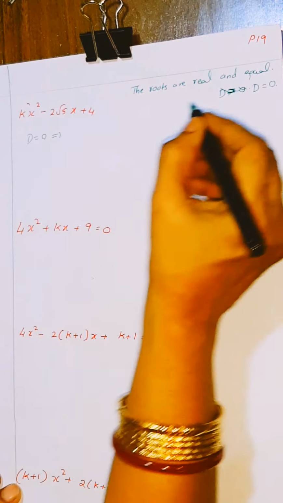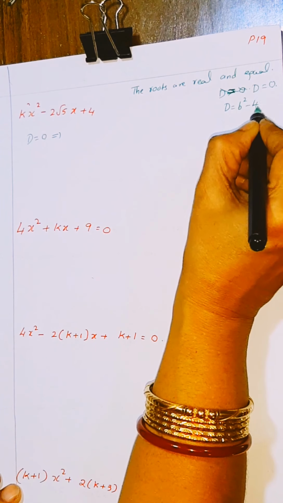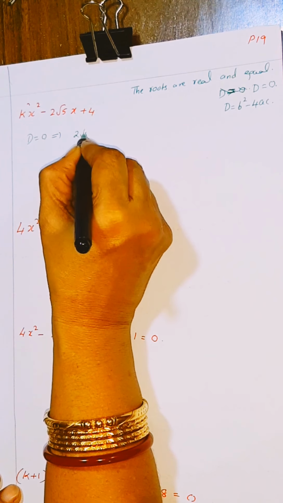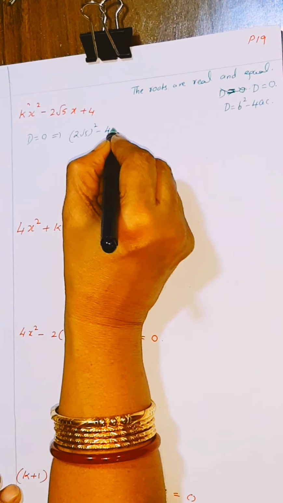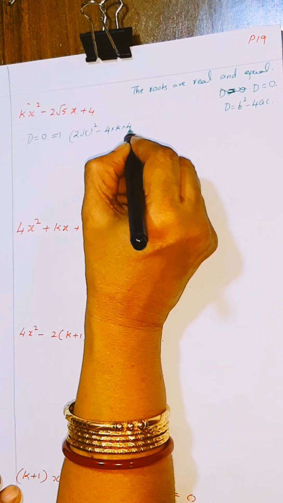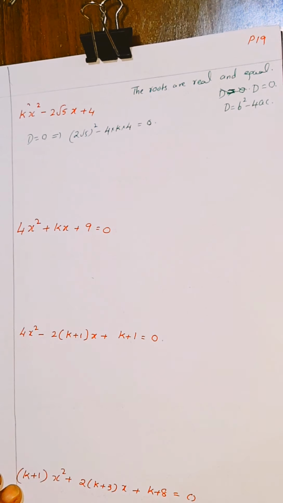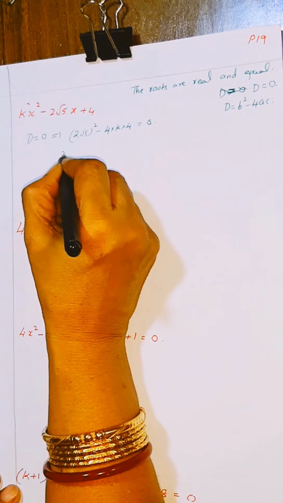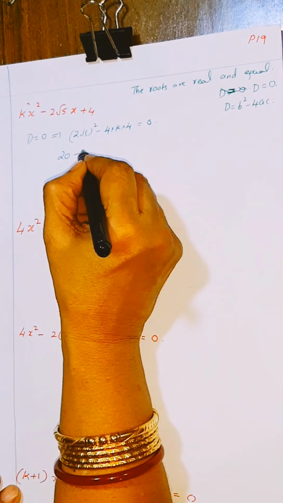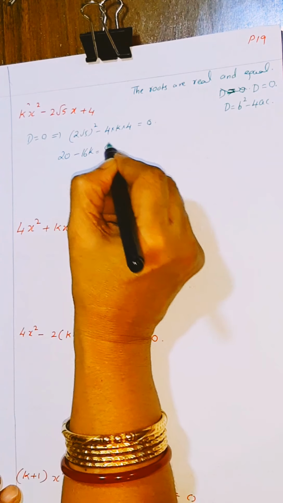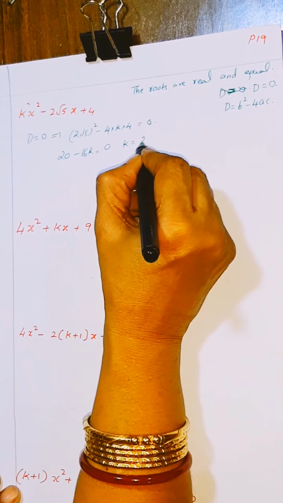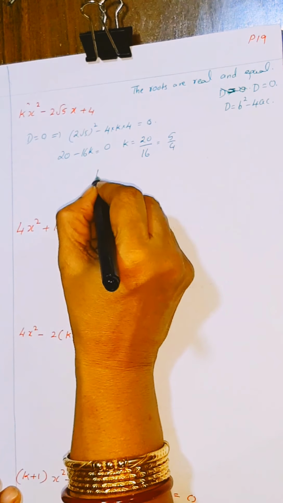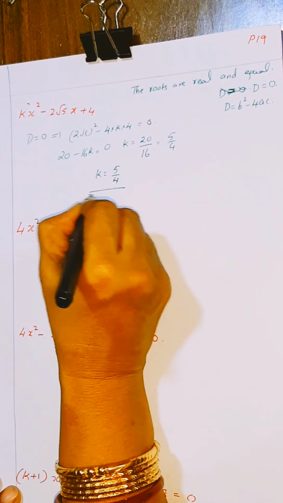So D is b squared minus 4ac. So b squared is 2 root 5 the whole squared, minus 4 into k into 4, is equal to 0. So 2 into 2, 4, 4 into 5, 20 minus 16k is equal to 0. So k is equal to 20 by 16. So that is 5 by 4.